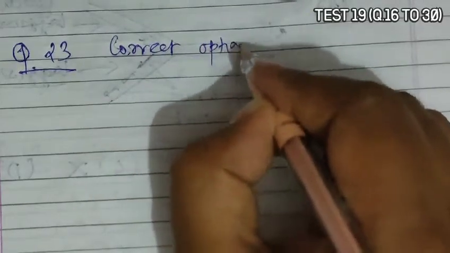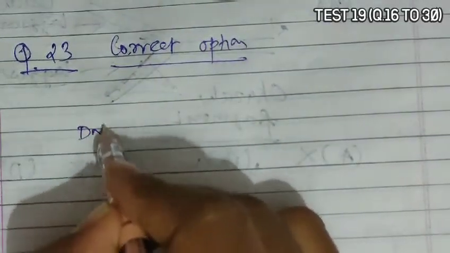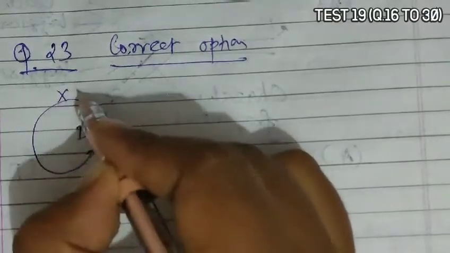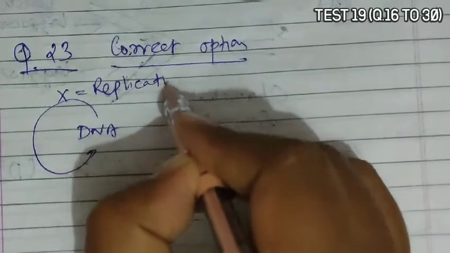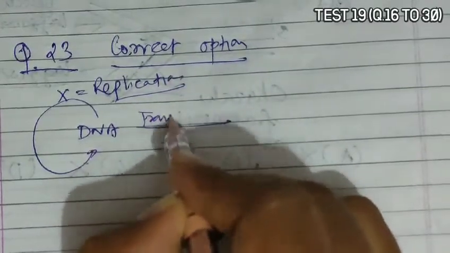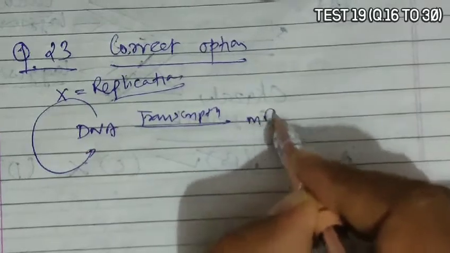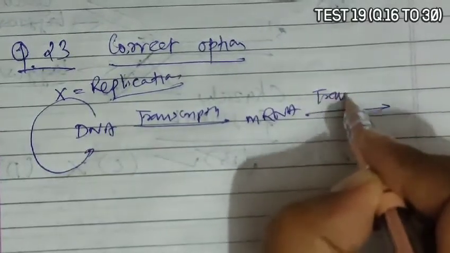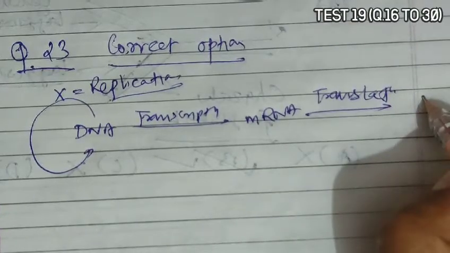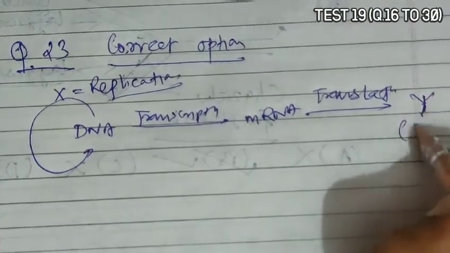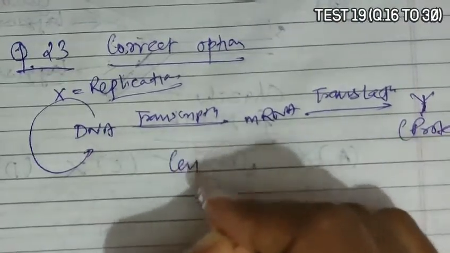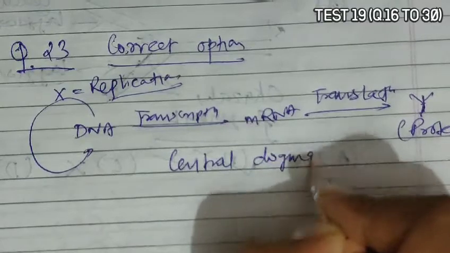Next is question 23. Question 23 asks, by using the diagram, to select the correct option for X and Y. Now in this, the first option given says X is replication, then transcription, mRNA, translation, and Y. Now this Y represents protein, and this is a central dogma diagram.